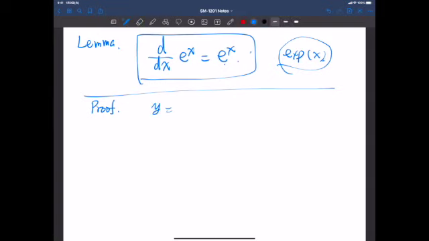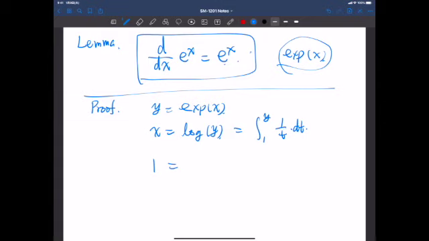First of all, let y equal exp of x. Then, by taking the inverse of this function, we have x equal to log of y. So let's differentiate both sides with respect to x. The left-hand side becomes 1 and the right-hand side becomes, by definition, this integral of 1 over t dt.